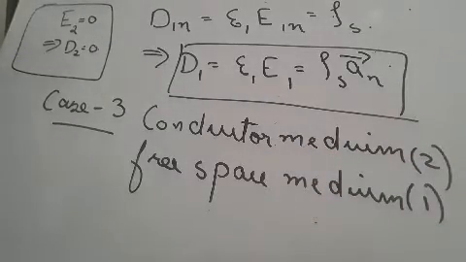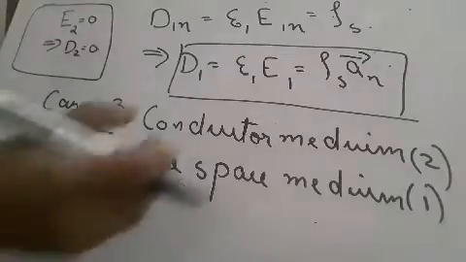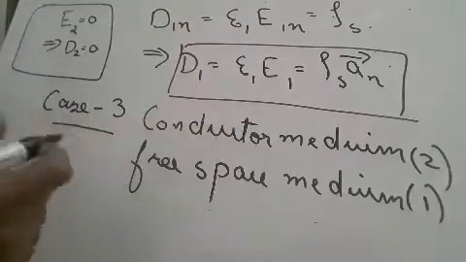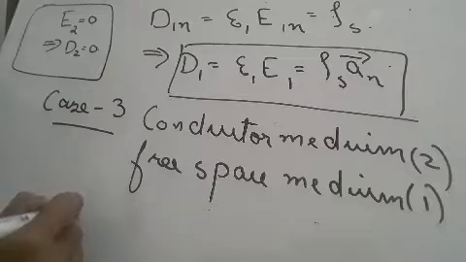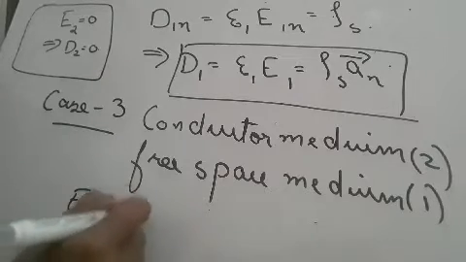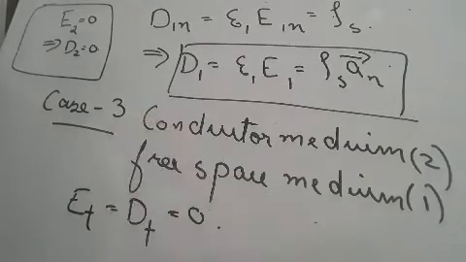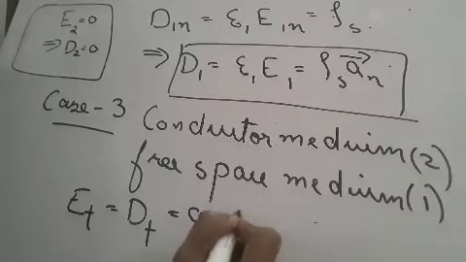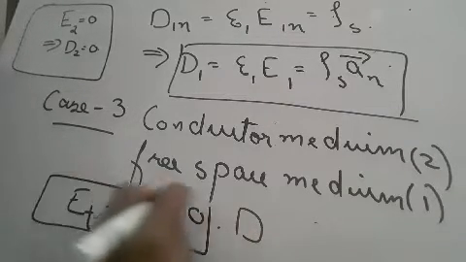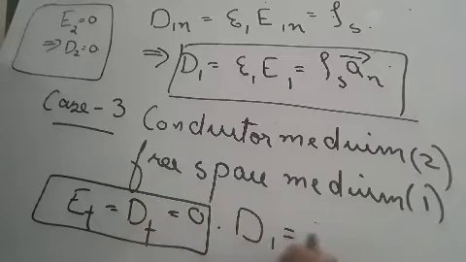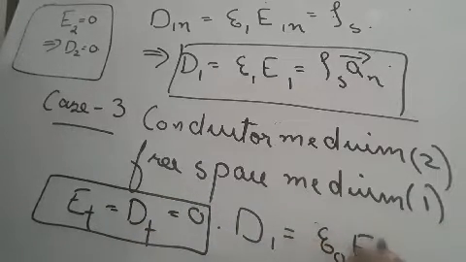So the same conditions here also. ET is equal to 0, tangential components are 0, and D1 is equal to epsilon 0 E1 is equal to rho S AN.